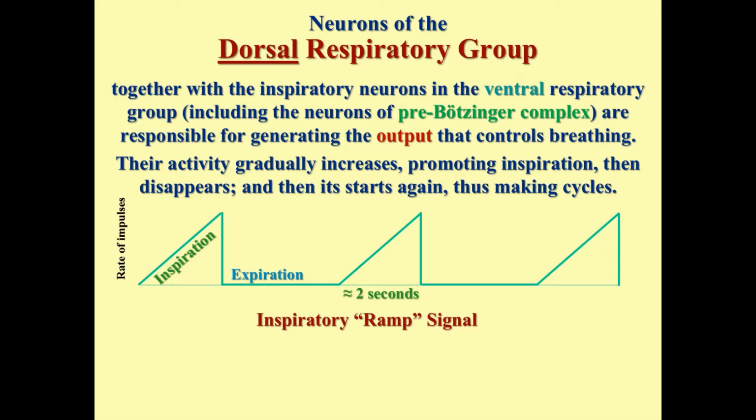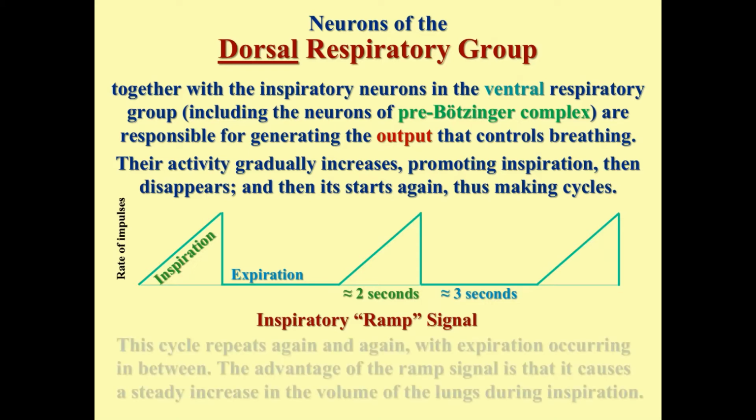For approximately quiet resting respiration, the ramp signal that produces inspiration lasts about 2 seconds, while the pause between two cycles is about 3 seconds, which is enough for the process of expiration itself and a little interval between expiration and inspiration.